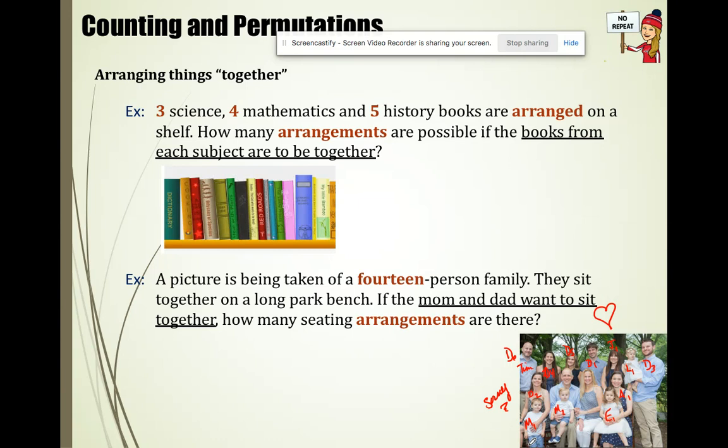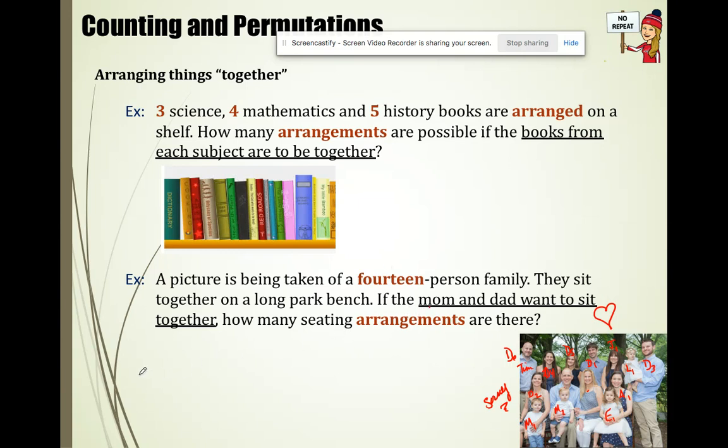Anyway, so there's 14 people here, minus Dylan. They sit together on a long bench. If the mom and dad, me and Mr. Getz, want to sit together, how many seating arrangements are there? So there is a condition on what I want to happen.